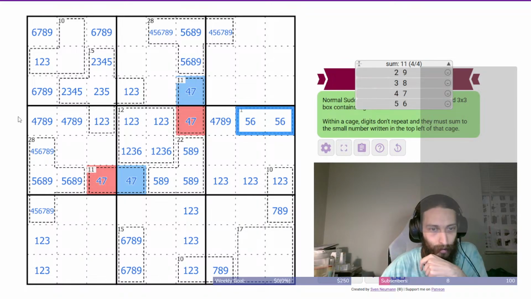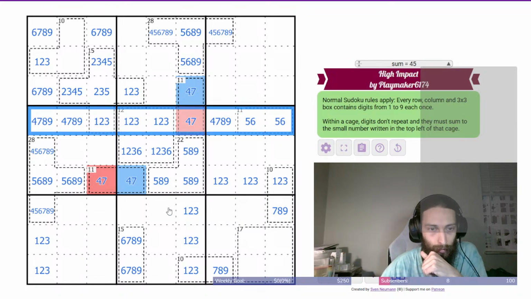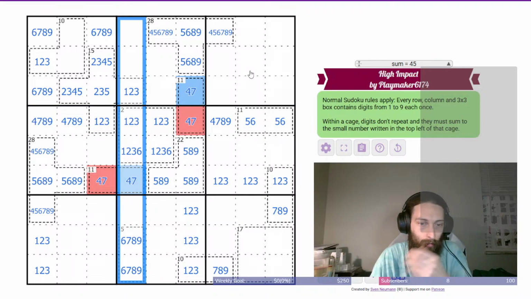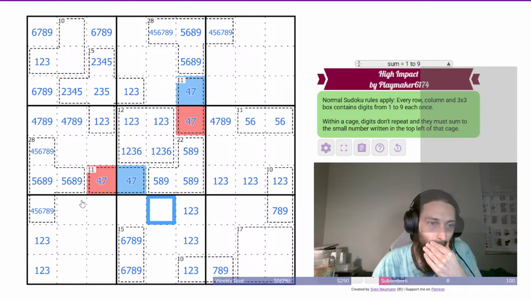The 11 here is very useful in determining what this row could be, but this 15 is less useful in determining what this column could be. Right.